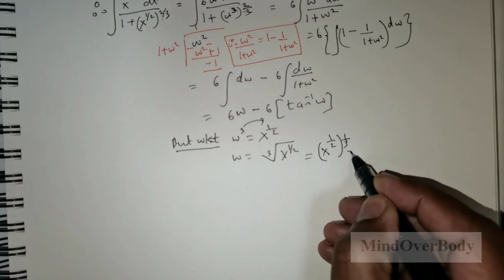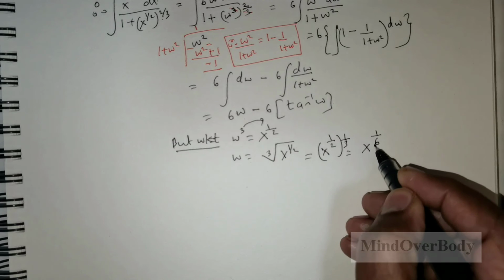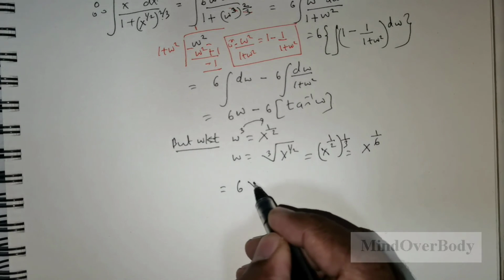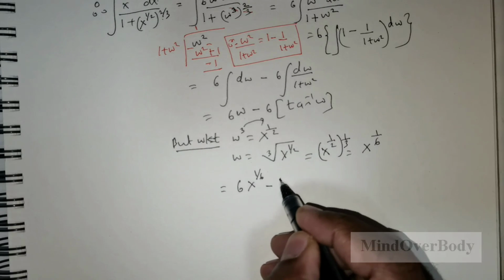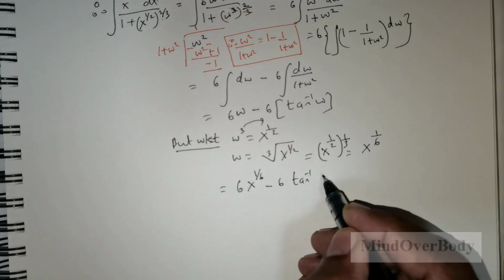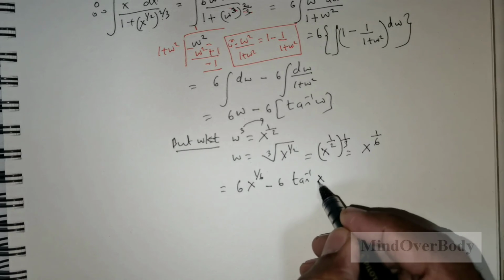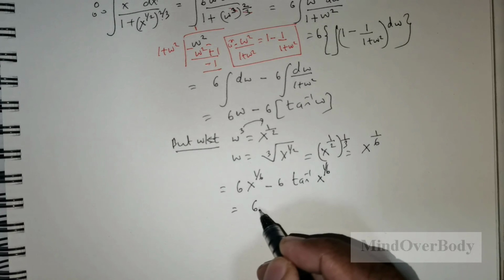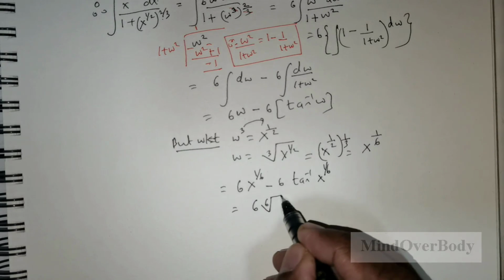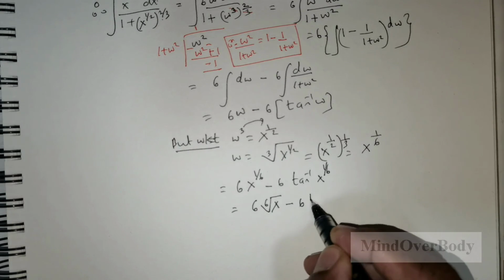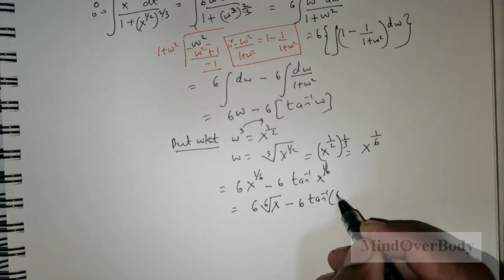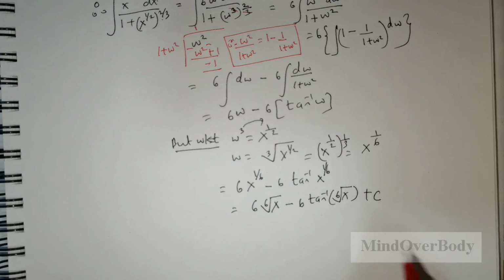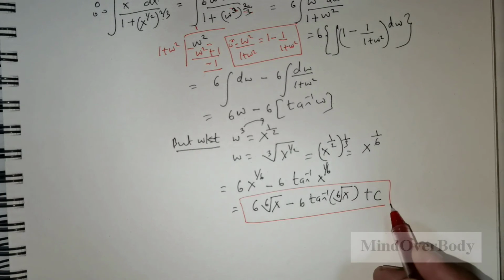So it's going to be 1/3 there, which is nothing but x raised to the power 1/6. So just place it there. So this is going to be equal to 6 times x raised to the power 1/6, minus 6 times tan inverse of, in place of w, x raised to the power 1/6. I can rewrite this in a proper manner: 6 times the 6th root of x, minus 6 times tan inverse of the 6th root of x, plus constant c, which is the solution for the given question.